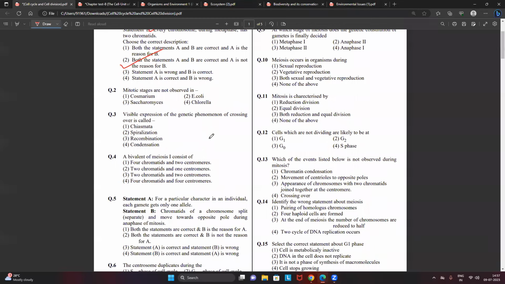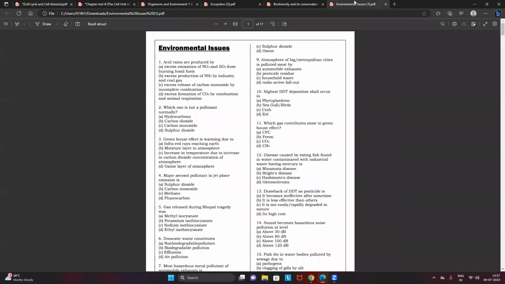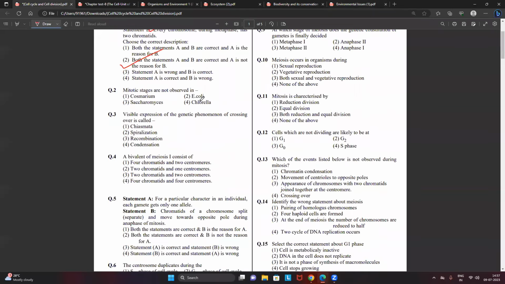Mitotic stages are not observed in which? Saccharomyces cerevisiae is a fungus, right? It is a eukaryotic cell, right?